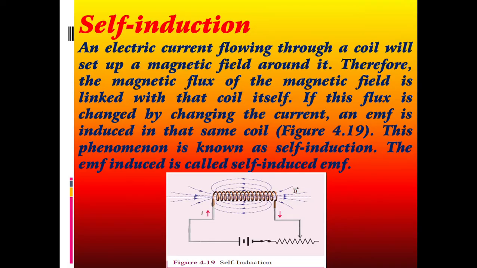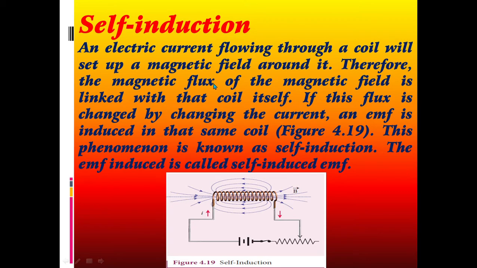What is meant by self-inductance? This is a 2-mark question. Please note it down, children. An electric current flowing through a coil sets up a magnetic field around it. Therefore, the magnetic flux of the magnetic field is linked with that coil itself.